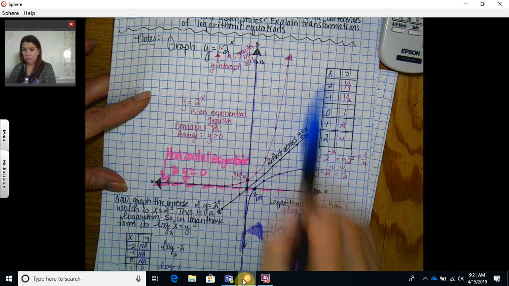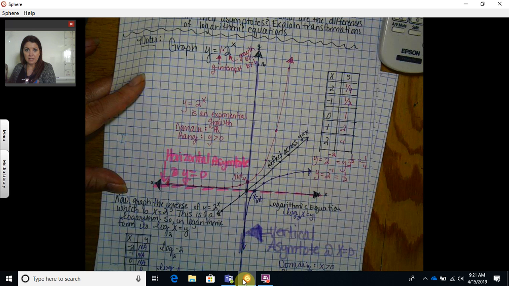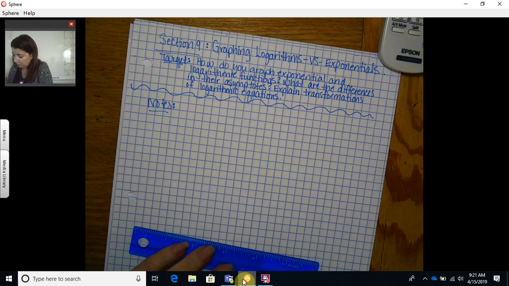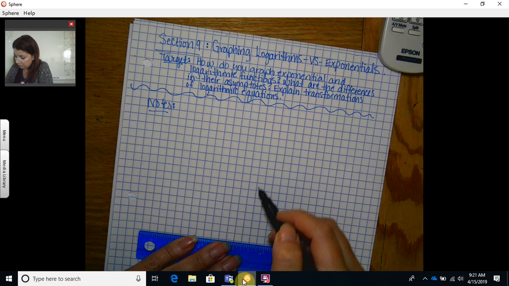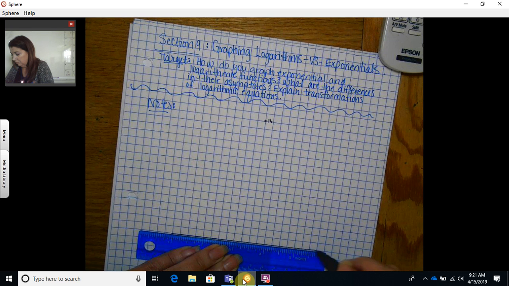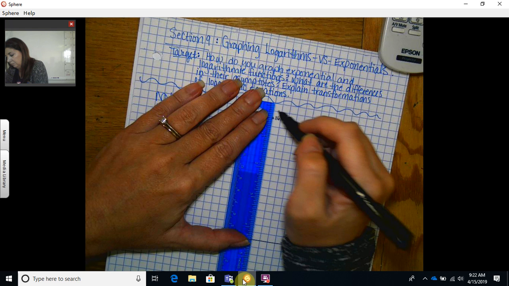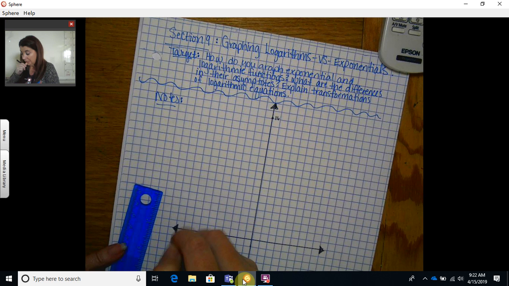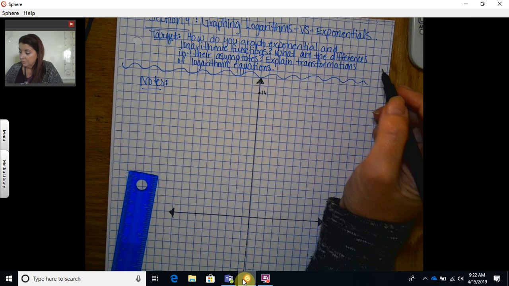So the bottom of the y-axis, you don't have to go to the negatives as far, but on your positive y-axis, make sure it goes up to 16. And I'm going to make a little table of values as well.